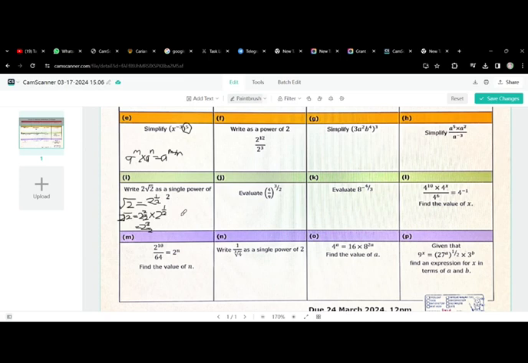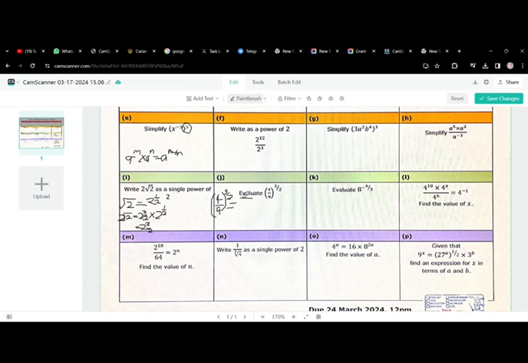Okay, so now we'll be moving on to question J. So 4 over 9 power of 3 over 2. So we need to power 3 over 2 in both denominator and numerator.